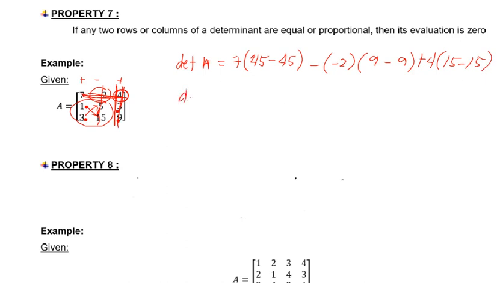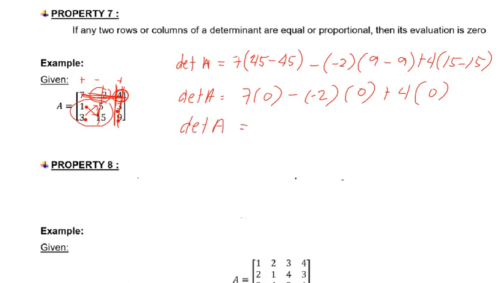So the determinant of A is 7 times 0, that is 0, minus negative 2 times 0, also 0, plus 4 times 15 minus 15, that is 0. So the determinant of A is equal to 0. So if any two rows or columns of a determinant are equal or proportional, then its evaluation is 0. That is property 7.